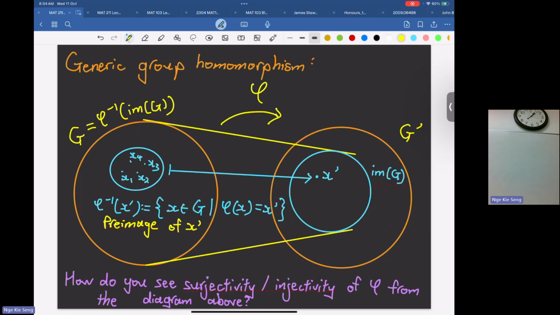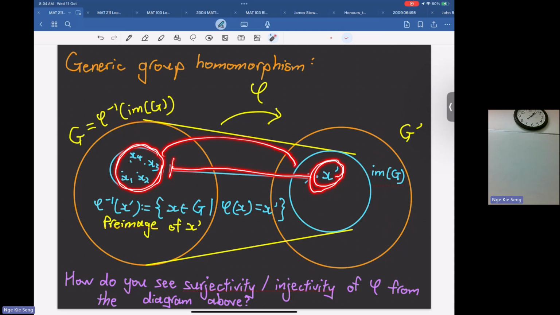So how do you think of it? You have a point in the codomain, and elements in your domain get mapped to it. These elements form a set, which we call the pre-image or inverse image. Is it following?